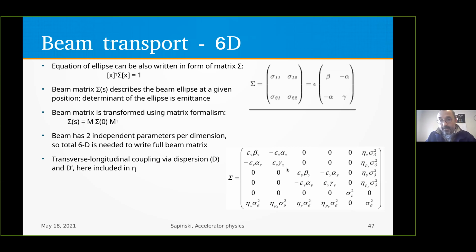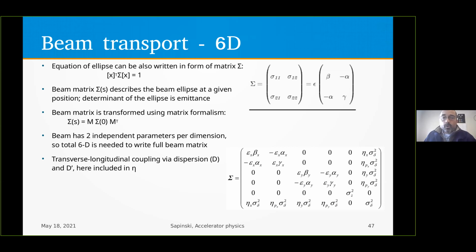Here you recognize the horizontal beam ellipse, the vertical beam ellipse, and these are the longitudinal beam parameters. And these parts are couplings. So this is the coupling with the dispersion, right? Horizontally, it's important. Vertically, it usually disappears because we usually don't have vertical dipoles.